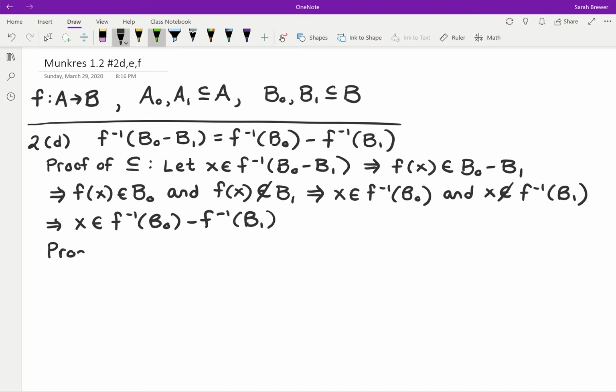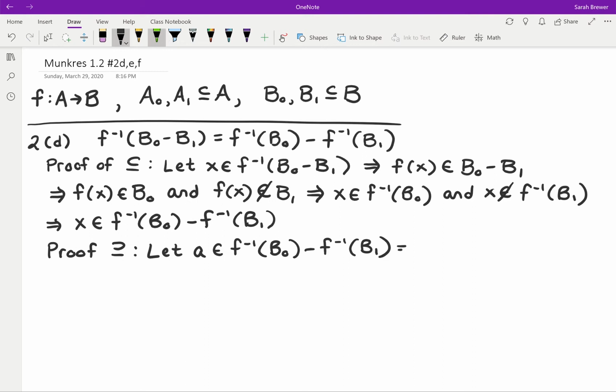And then to prove this direction, let little a be an element of the preimage of B0 minus the preimage of B1.